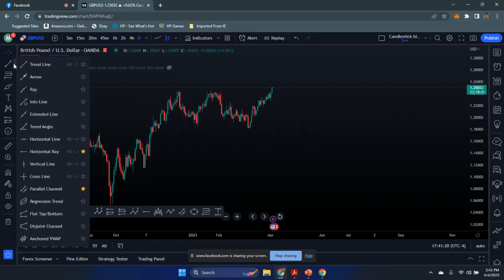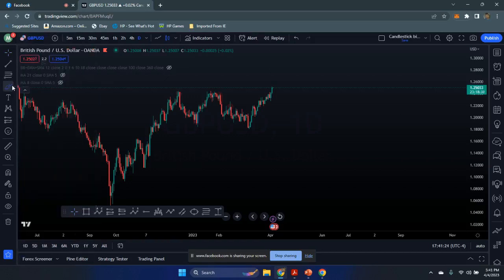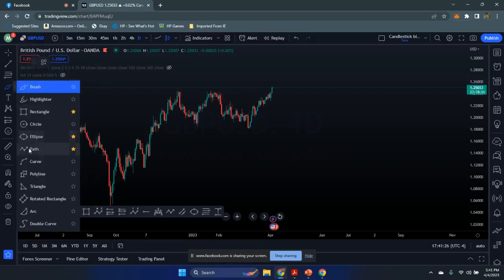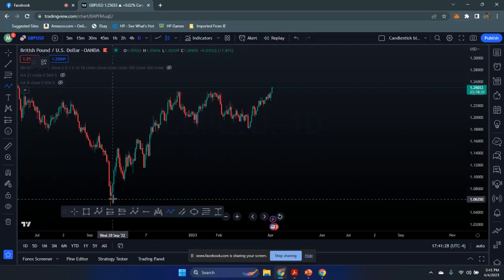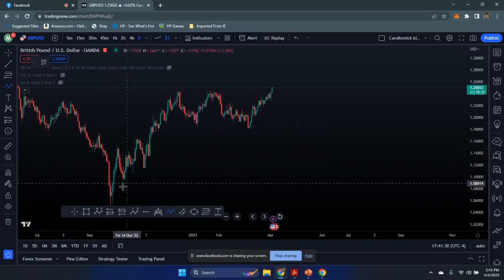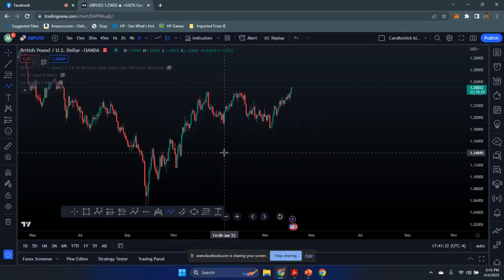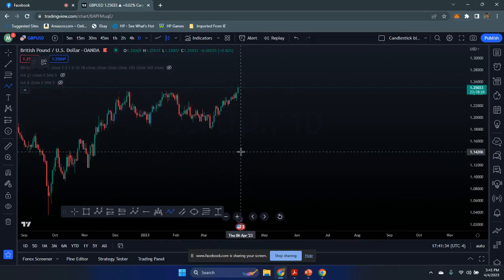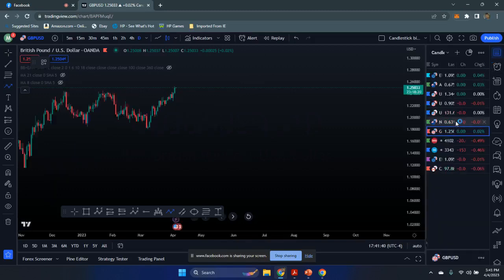Where's my path tool? GBPUSD is a pound pair. Hold on before we go.